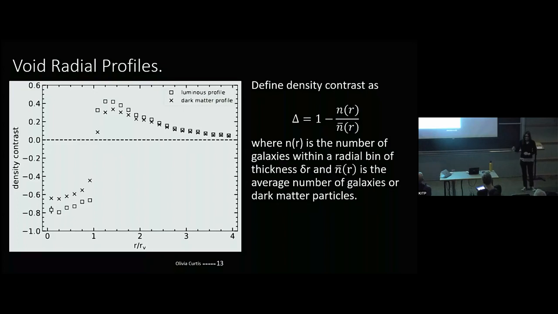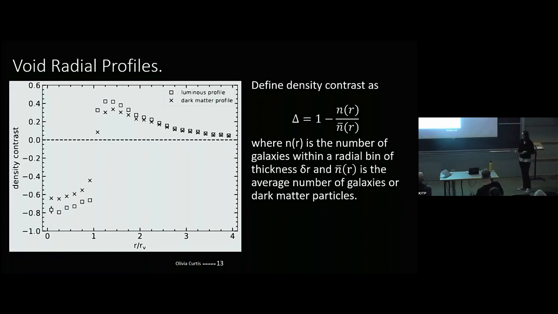Now, what these distributions don't agree upon, however, is that it appears luminous matter does not trace the dark matter, either interior or exterior to voids, with the interior of voids being slightly more underdense in luminous matter than in dark matter, the opposite being true at the ridges of voids, where they're slightly more overdense in luminous matter than in dark matter.